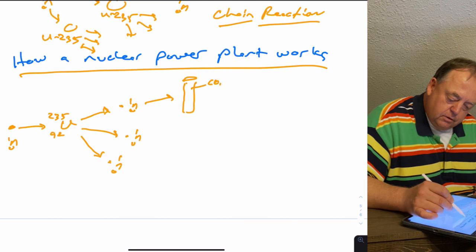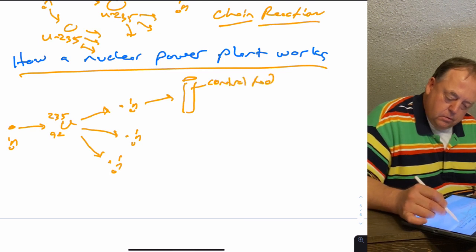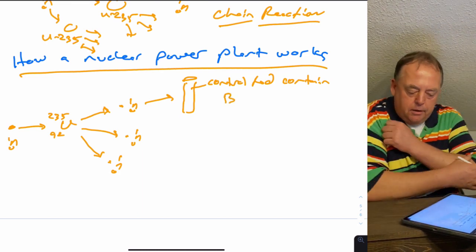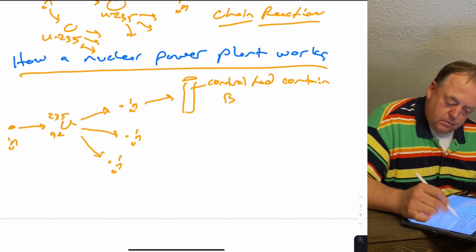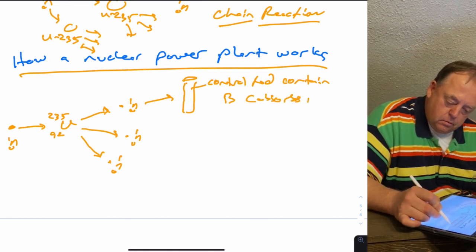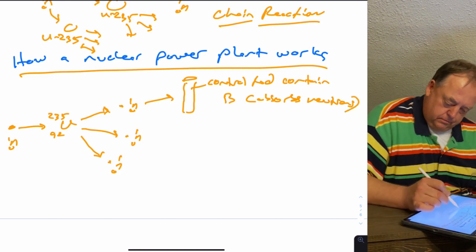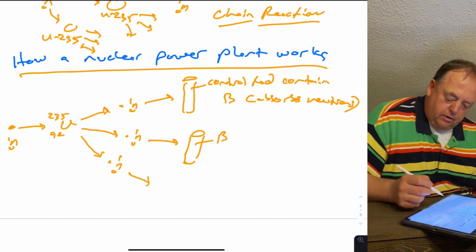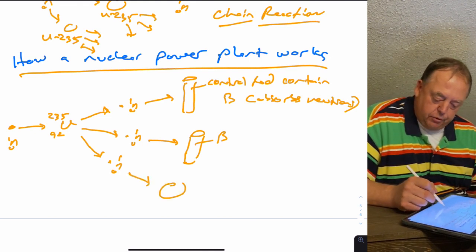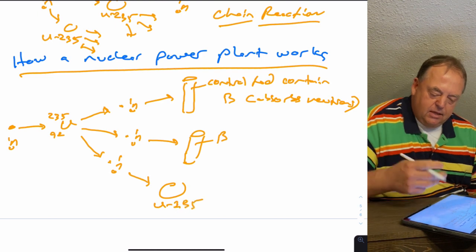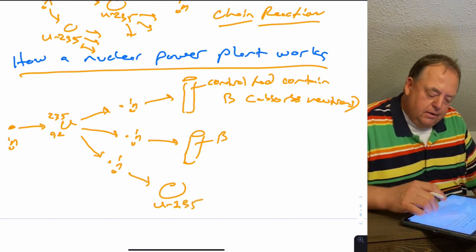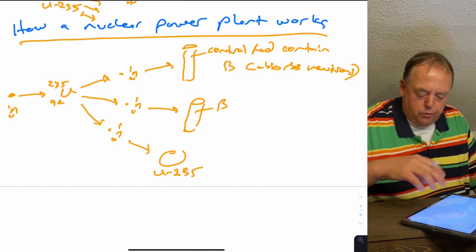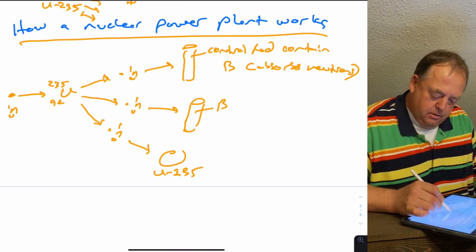And these control rods contain boron, because as we saw in previous lectures, boron absorbs neutrons. So you let one of them, for example, go on and hit another uranium-235, but you let 2 of them hit a control rod, so that you don't have an exponential amount of uraniums undergoing decay. You just have 1 uranium at a time, for example, undergoing decay.